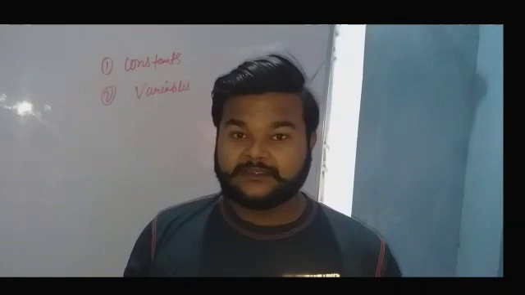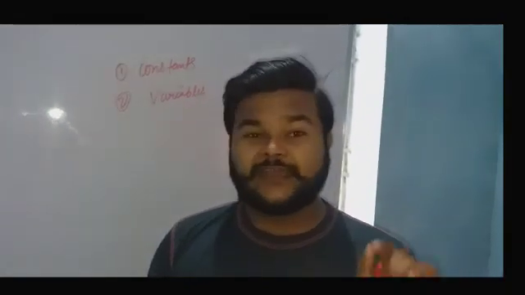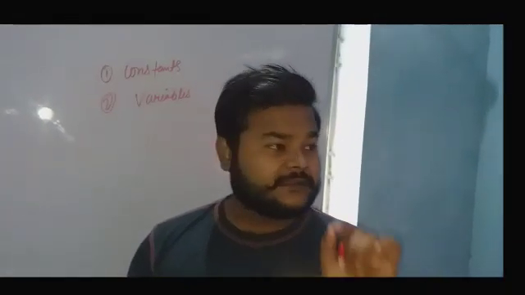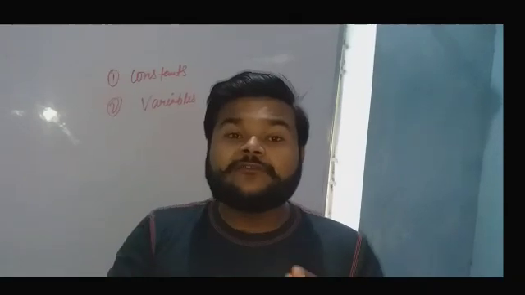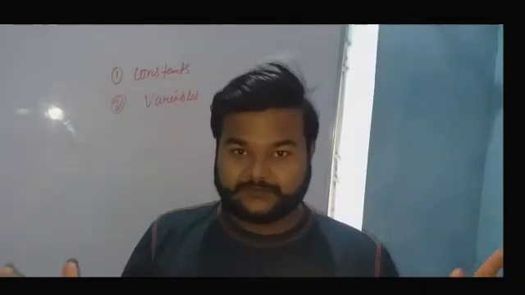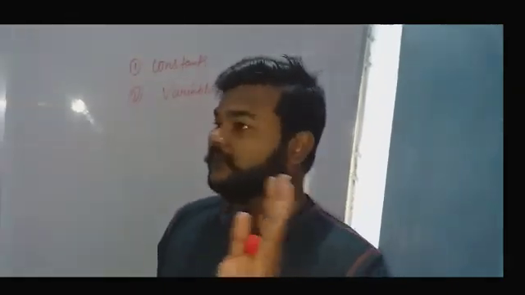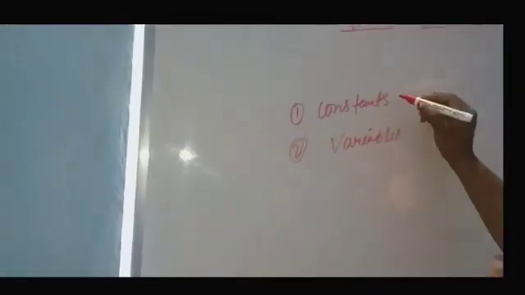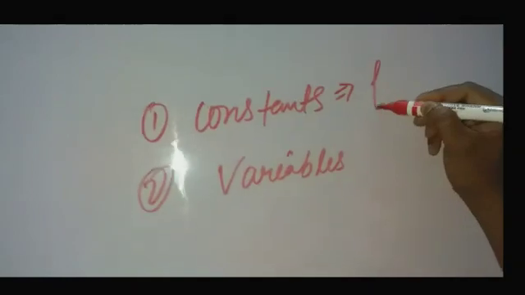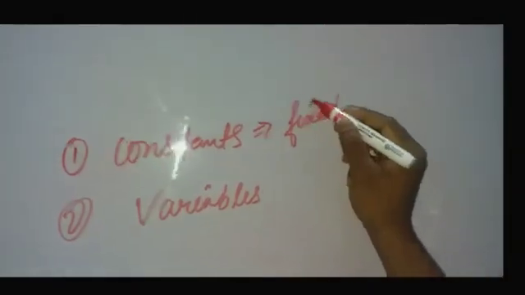Constant means a symbol which has fixed value, which value does not change, is known as constant. Variable means the symbol whose value varies, which value is changeable, is known as variable. As for example, constant means fixed value.